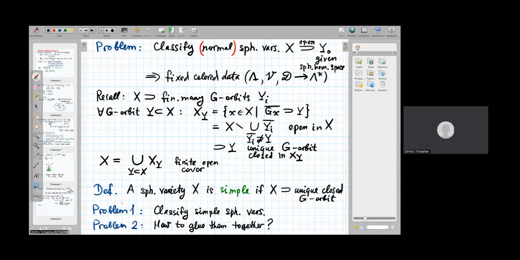Since we already know that any spherical variety is covered by finitely many simple open subvarieties, and we know how to classify and describe them, the remaining question is how to glue them together to obtain the whole spherical variety X.